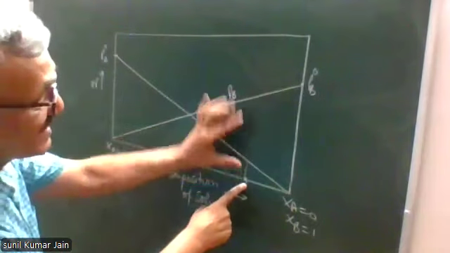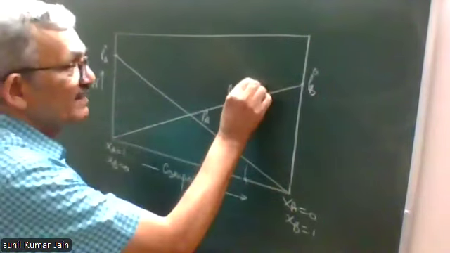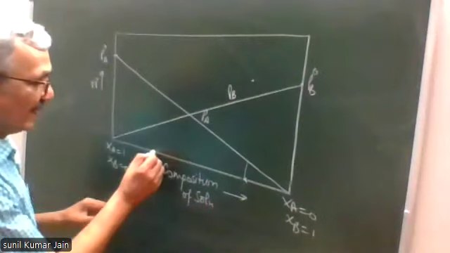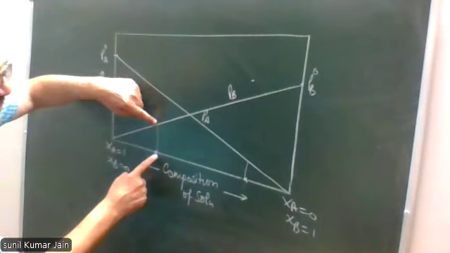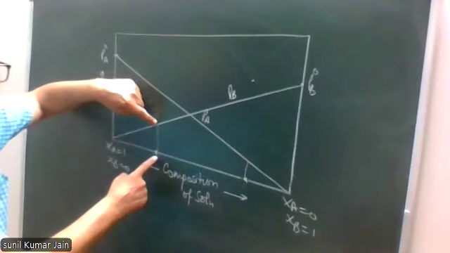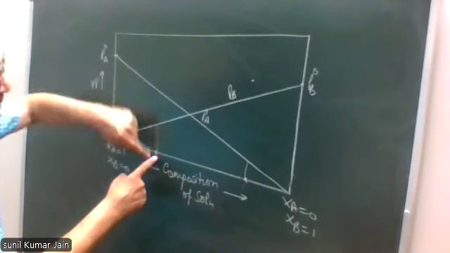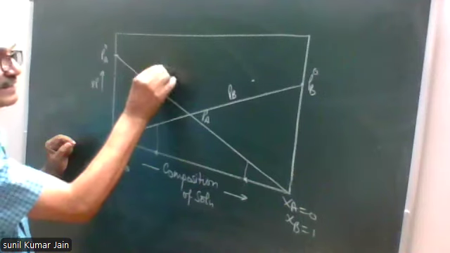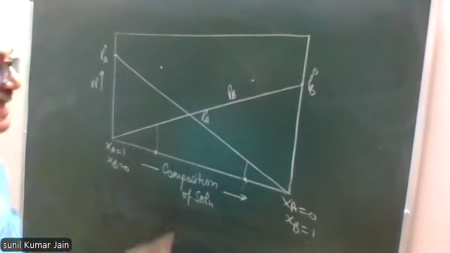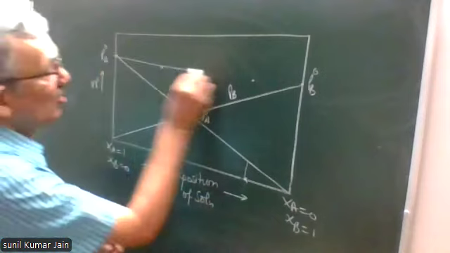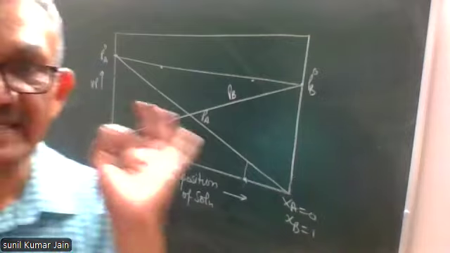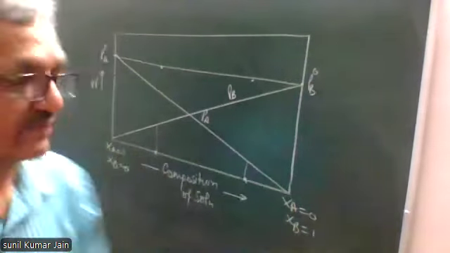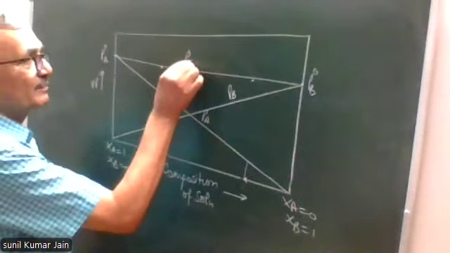If I add them, there will be a point somewhere here. These points will lie on the line joining P naught A and P naught B. So this line joining P naught A and P naught B gives the value of P total.